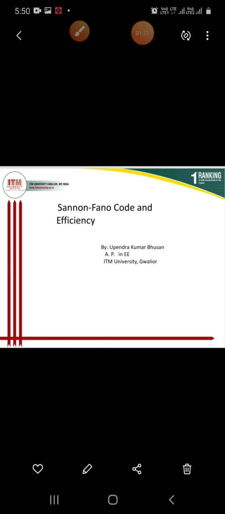Shannon Fano algorithm is an algorithm used to find out the variable length coding technique. Then, in our coming lecture, I will talk about Huffman coding. So let us discuss Shannon Fano code and its efficiency.